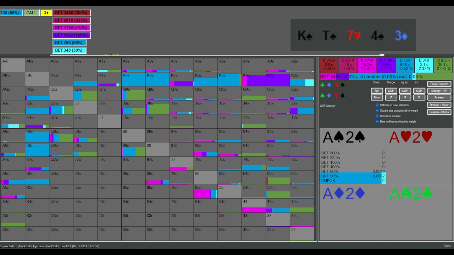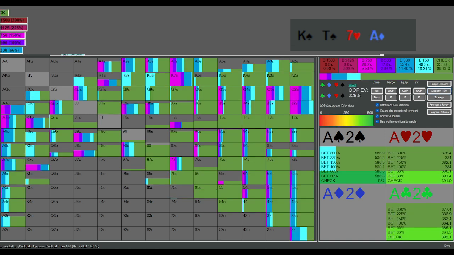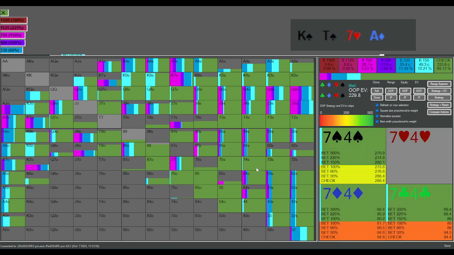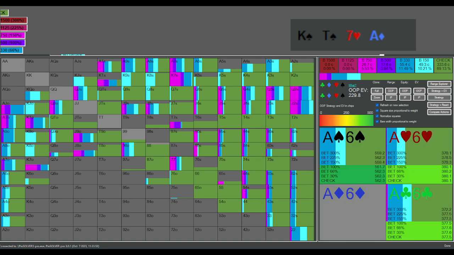Okay. Let's look at one more turn card. Okay, so remember that part of this subtree, I manipulated in position to check back a bit more of this ace high stuff and low card air, a bit more often than they should.